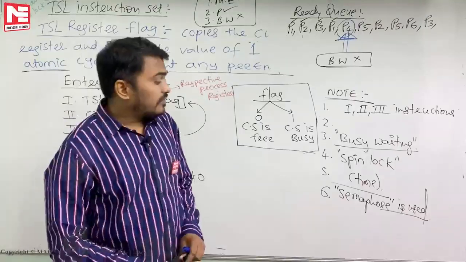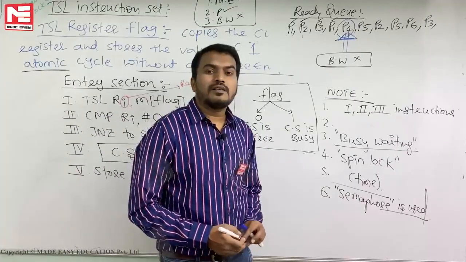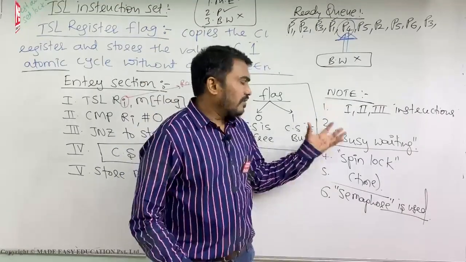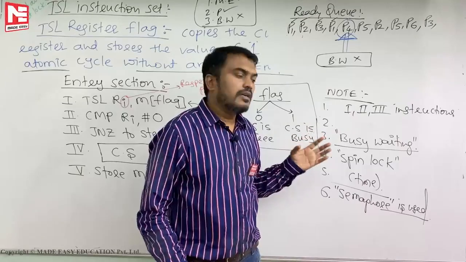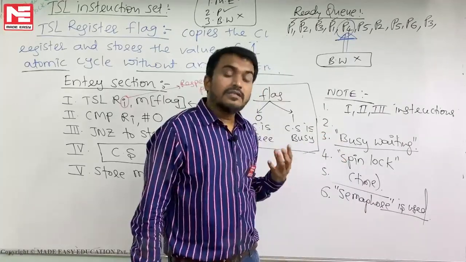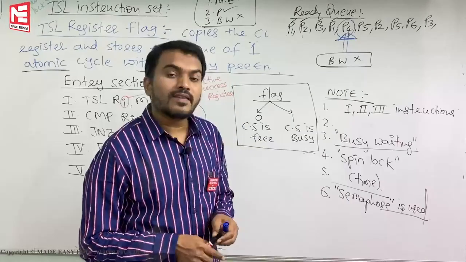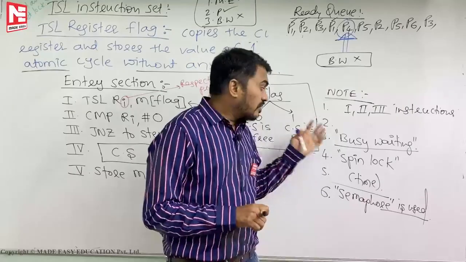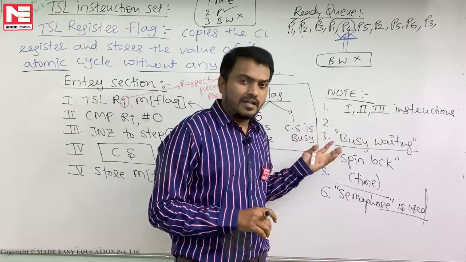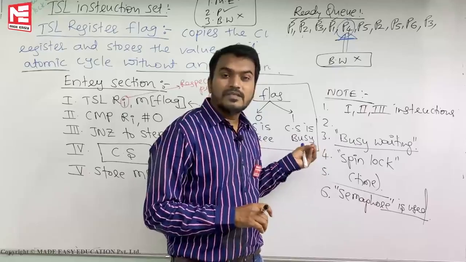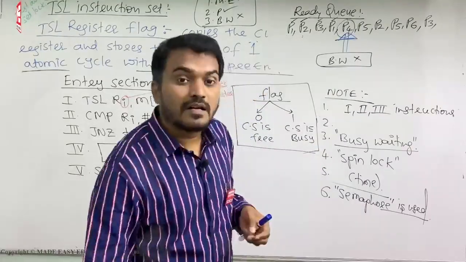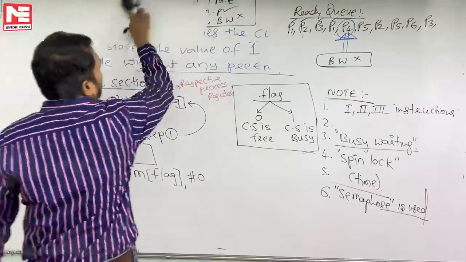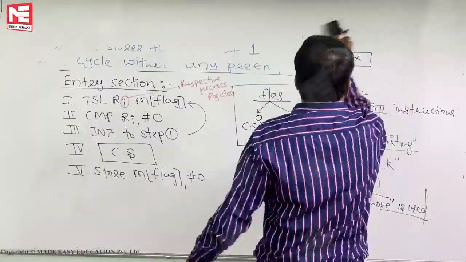Okay, so now you are understanding why we are going for the semaphore operation. Semaphore पे क्यों जा रहा है? In the other these kind of solutions, you are having problem of what? Busy waiting problem. So to avoid this busy waiting problem, we'll go for semaphore. How you are going to implement semaphore and avoid this problem of busy waiting, you are going to understand going forward. So that is about TSL instruction set and busy waiting.